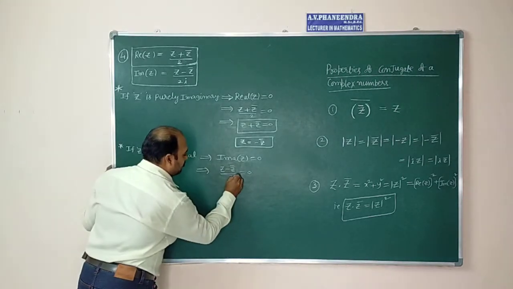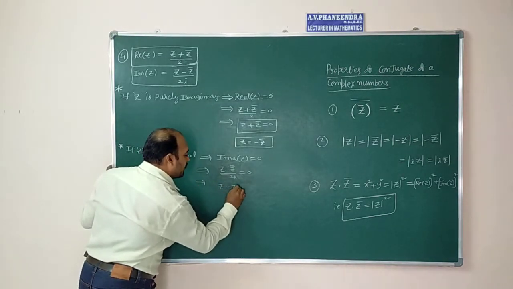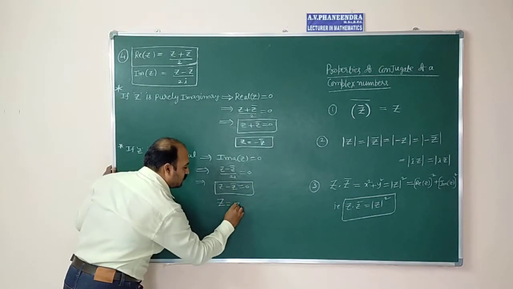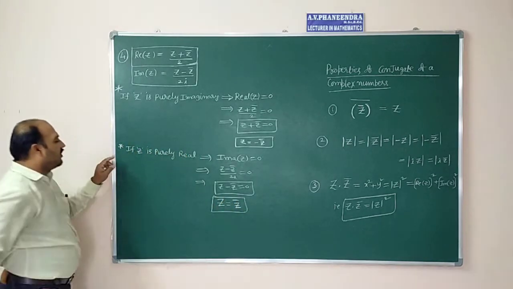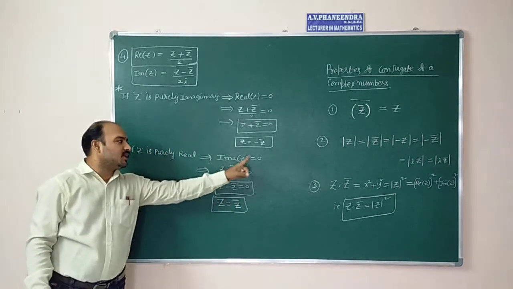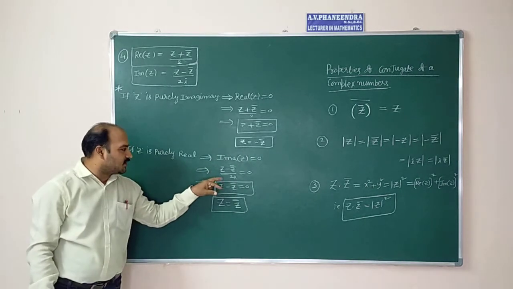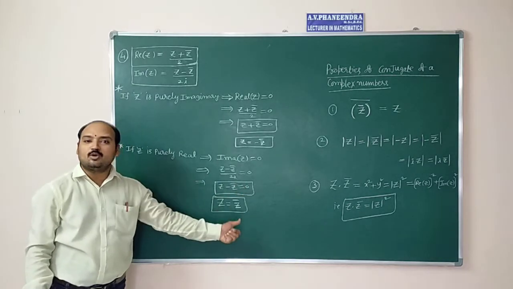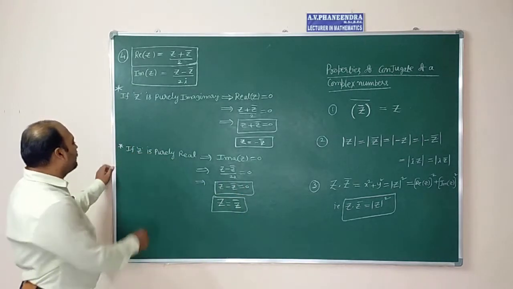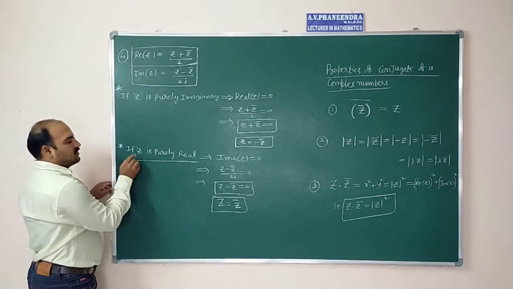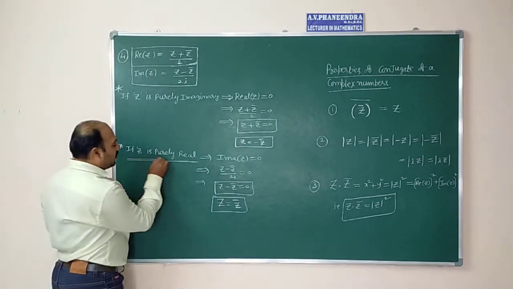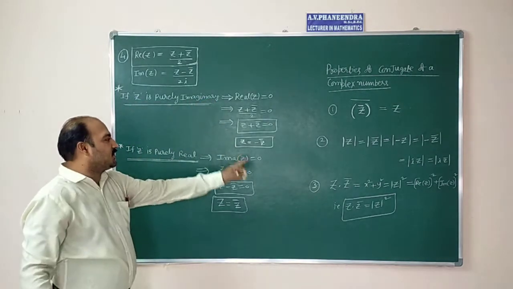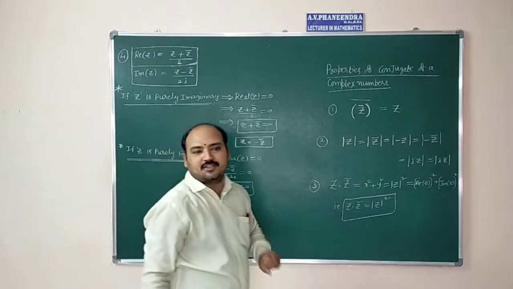Cross multiply: z minus z bar is equal to 0, or we can write z is equal to z bar. Whenever z is equal to z bar, it immediately indicates z is purely real. If z is purely imaginary, the real part of z is equal to 0, then z is equal to minus z bar.